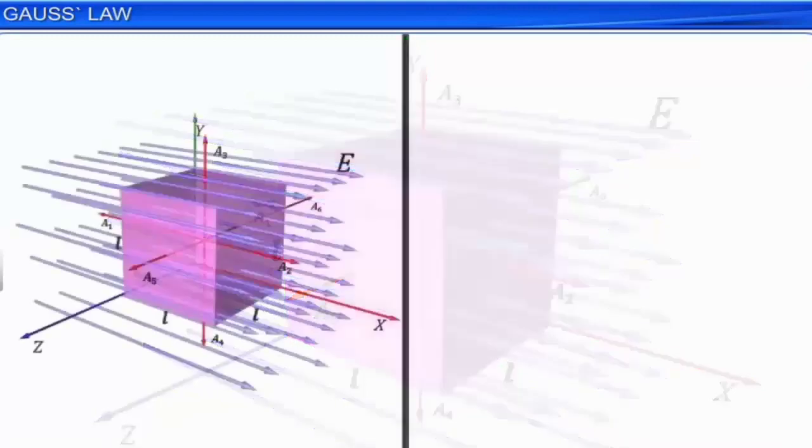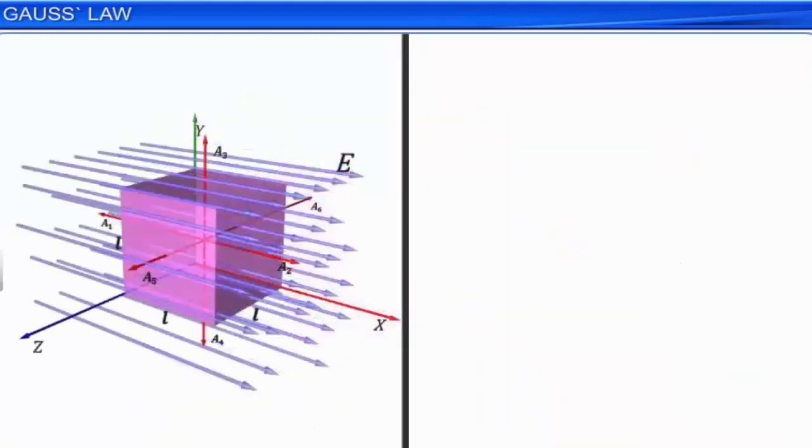For any surface of the cube of area A, which is normal to the electric field of strength E, the electric flux phi passing through it is equal to EA. Now we see that the electric flux phi 1 through face 1 is equal to minus EA, since it has inward flux. And through face 2 it is phi 2, which is equal to plus EA, since the flux is outwardly normal to it.